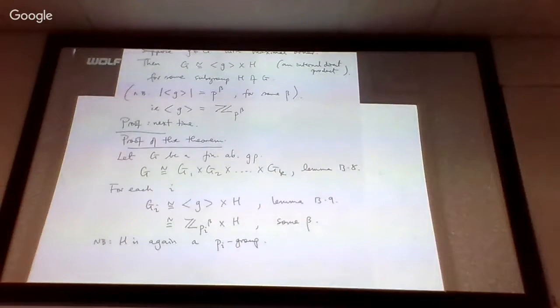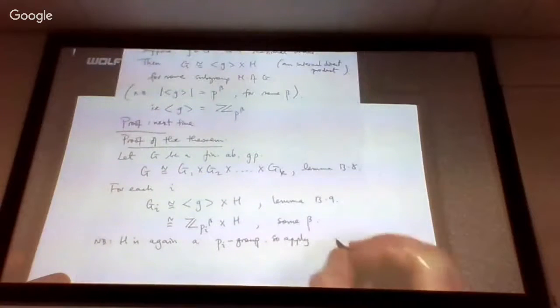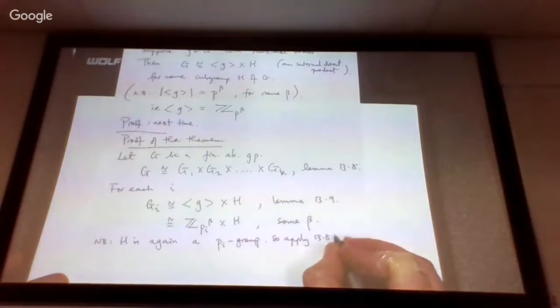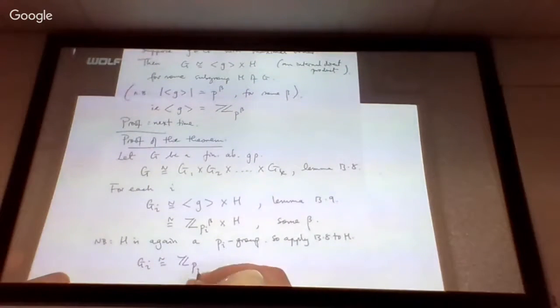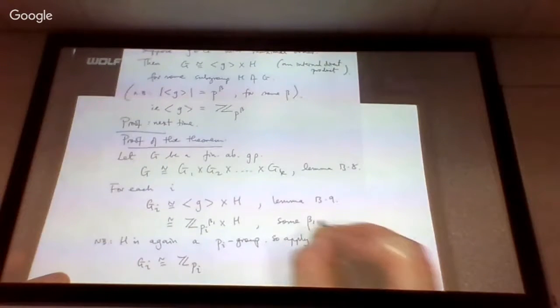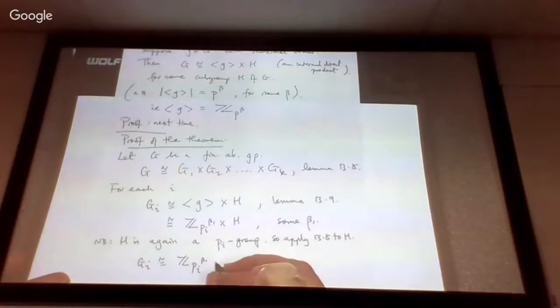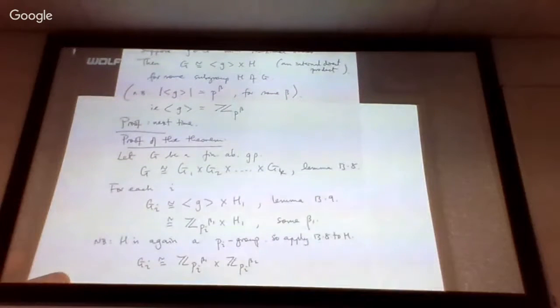Okay, so apply 13.8 to H. And then we'll get that G_i is isomorphic to Z_{p_i}^{β_1}, let's just put a 1 on that beta, some β_1, cross Z_{p_i}, still p_i, but now it's to a β_2. Let's put a 1 on that H, and then there's left behind an H_2.